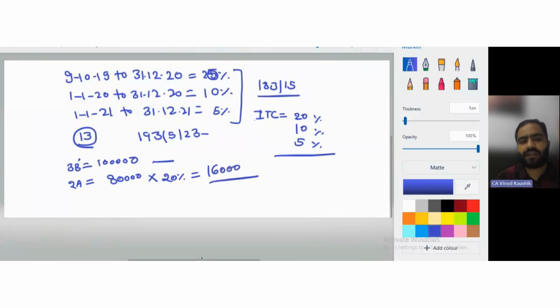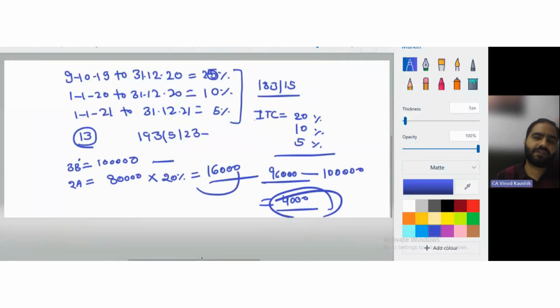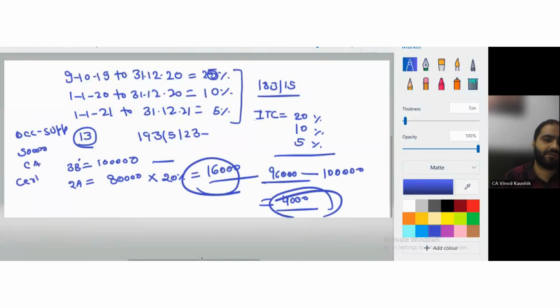So the total that can be allowed is 96,000. And we have taken 1 lakh. So they are saying that 4,000 you have to ultimately reverse. You can give that declaration from the supplier, and if it exceeds 5 lakh, then you can give a CA certificate.